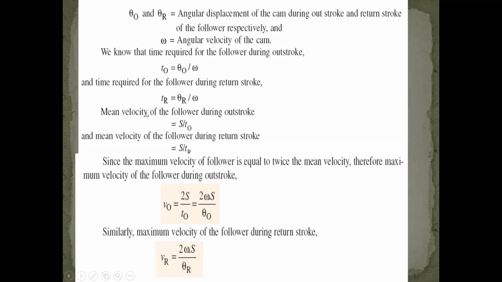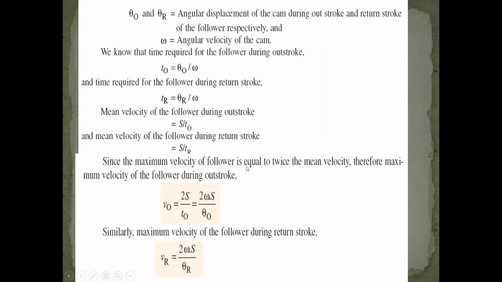Now let's take the mean velocity of the follower during outstroke. Velocity means displacement with respect to time, so the mean velocity equals S by T naught, where S is the stroke. Similarly for the return stroke, S by T R. These are the mean velocities of the outstroke and return stroke.